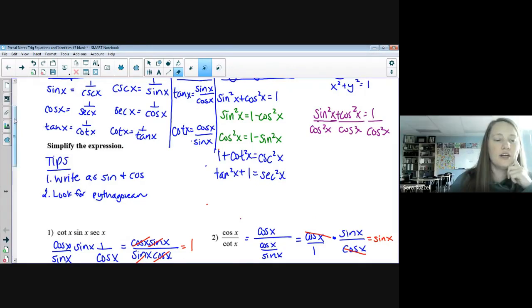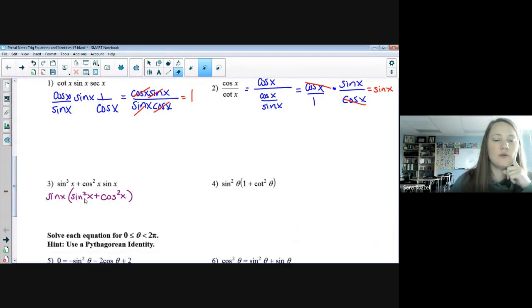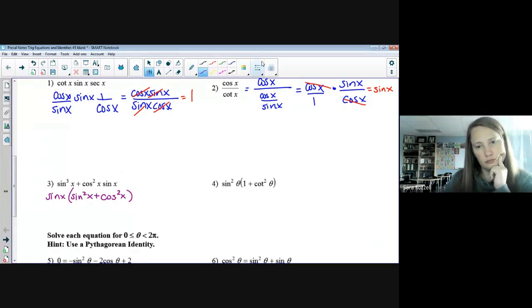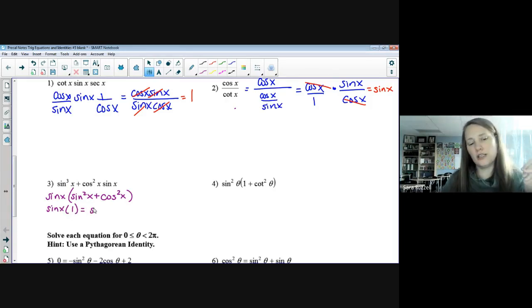So where you see sine squared plus cosine squared, we're going to replace that with the number 1, because that's what that equals. And sine times 1 is just sine.